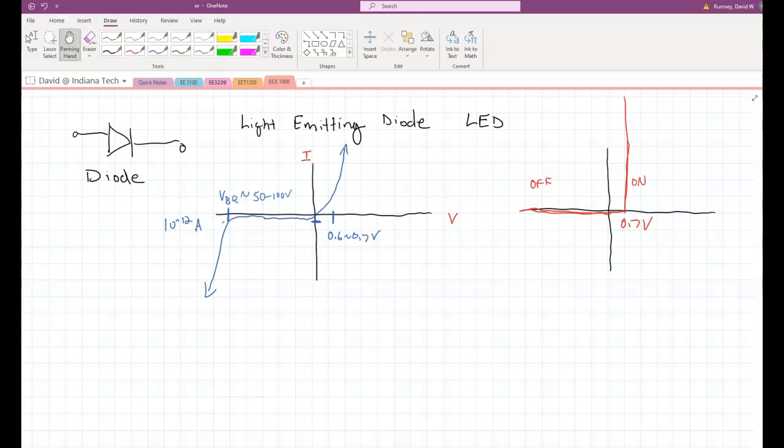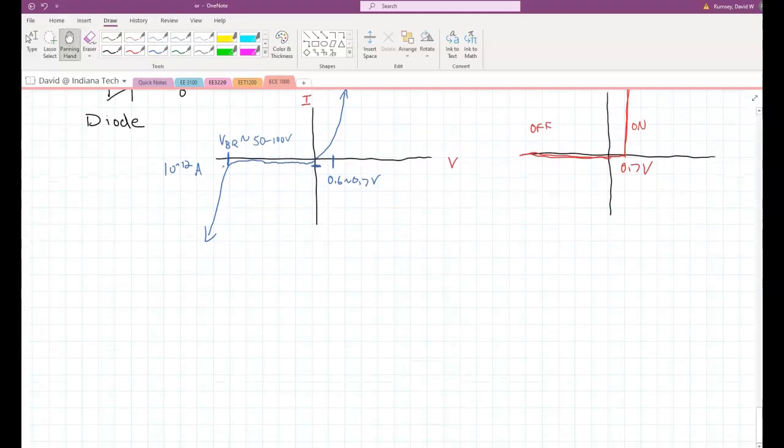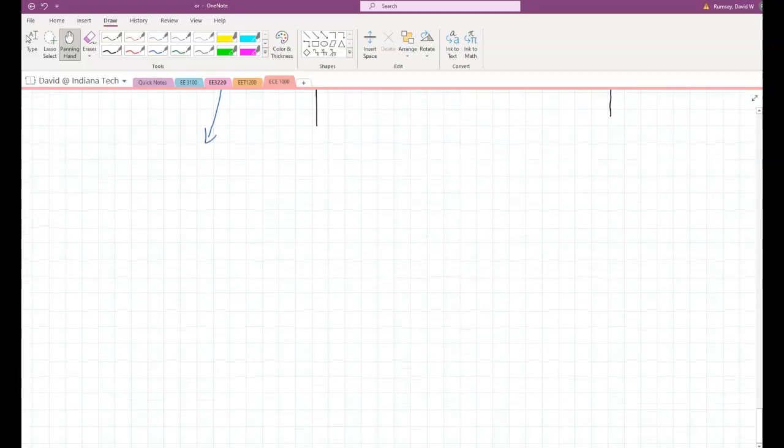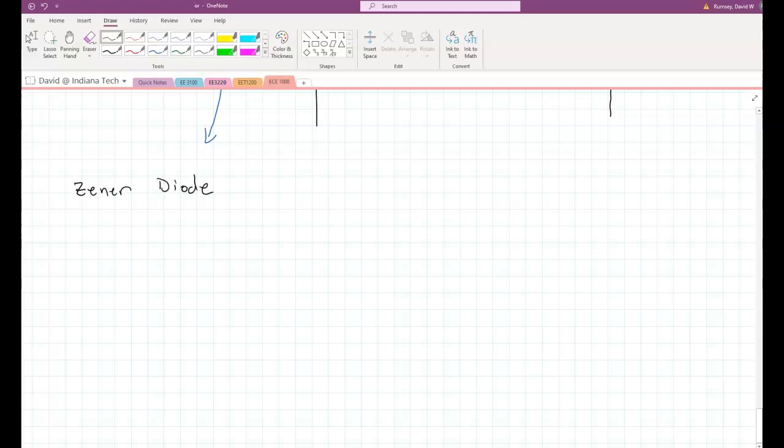Now, because we're going to be doing some simulations for some power supply circuits, the particular diode we're going to look at is a special type called a Zener diode. The Zener diode symbol looks very similar, except there's these little up and down things here.